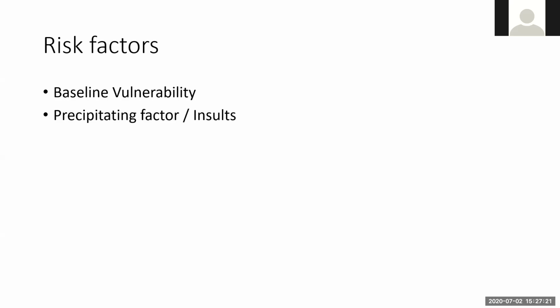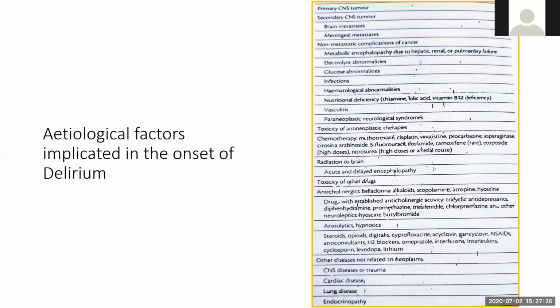So now let's go back to that big long list. This is a table taken from the Oxford Textbook of Palliative Medicine. These show the different factors responsible for delirium. There are CNS tumors, secondary causes, meningeal metastasis, non-metastatic causes like we just discussed, metabolic causes, electrolyte imbalances, glucose abnormalities, infections.